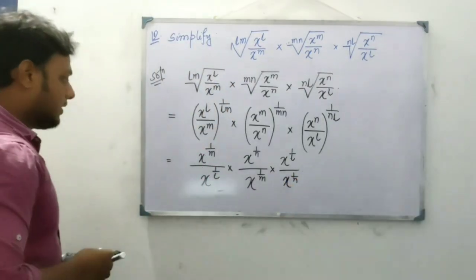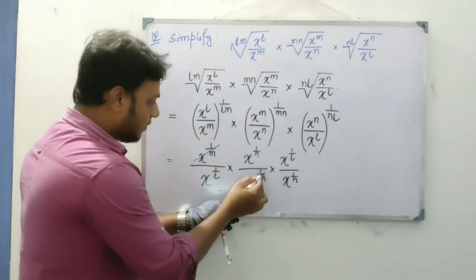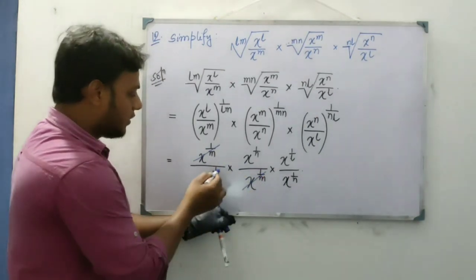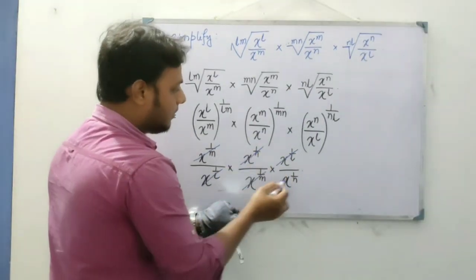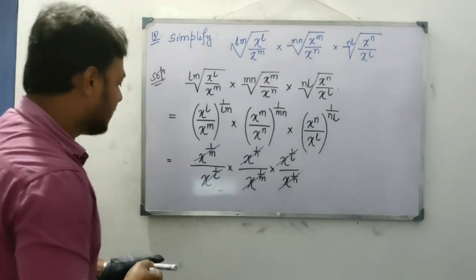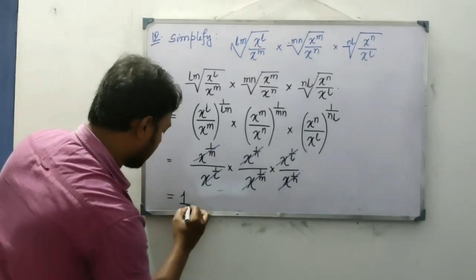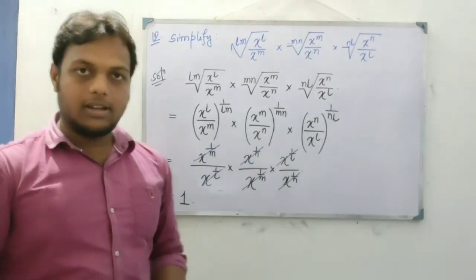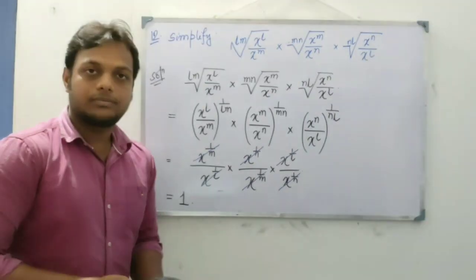Now see, x to the power 1 by m is there and in the denominator x to the power 1 by m is there. So these two cancel out. X to the power 1 by l, x to the power 1 by l cancel out. X to the power 1 by m, x to the power 1 by m cancel out. X to the power 1 by n, x to the power 1 by n cancel out. So ultimately we will get the answer 1. So this is the answer. Did you get it? Okay. So pause the video and note down.